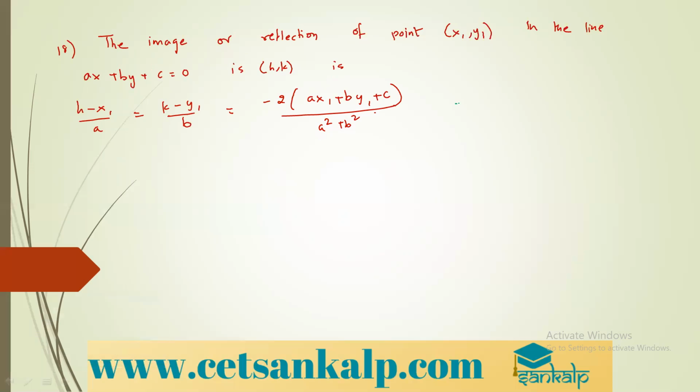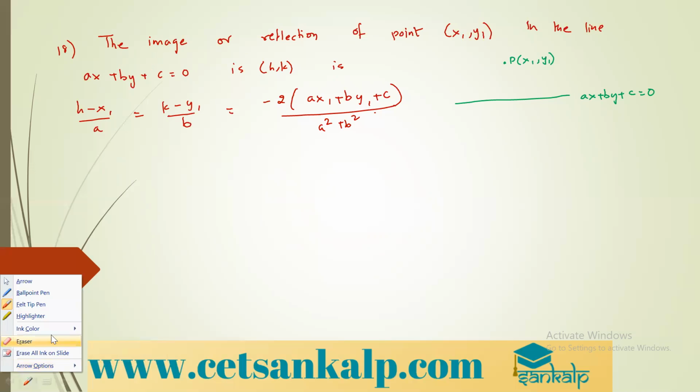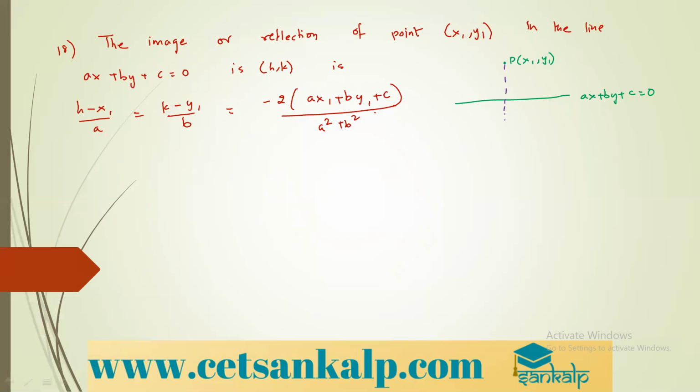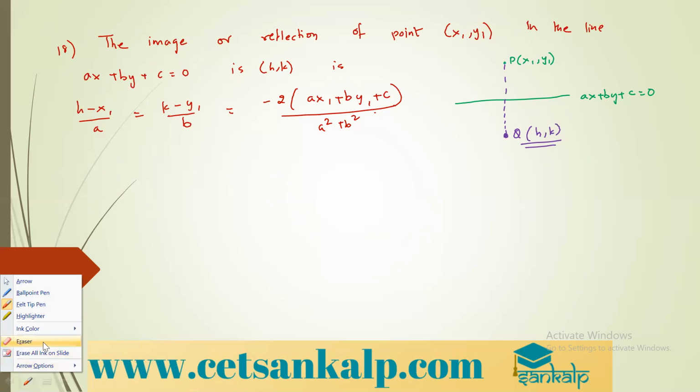Diagrammatically, imagine this line ax plus by plus c equal to 0 is a mirror, and you have a point x1, y1 standing in front of the mirror. Its reflection in the mirror can be seen here, q, which is h comma k, and which we have to find using the given formula.